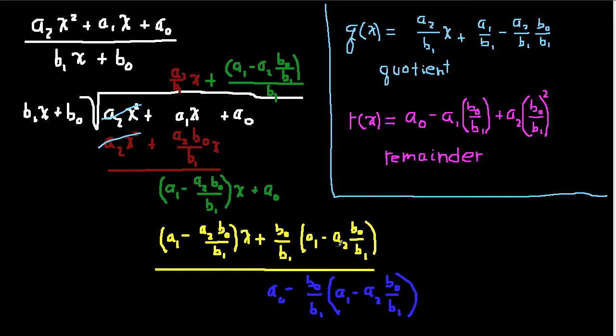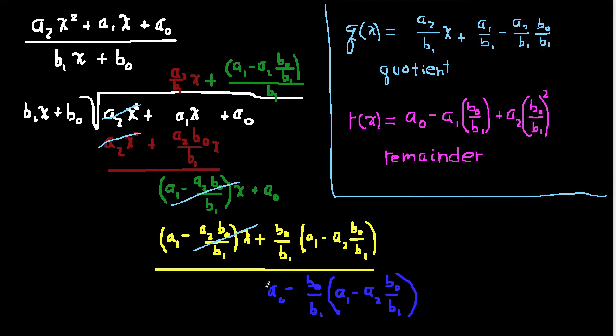Now I subtract everything in yellow from everything in green. Okay, this term cancels, and I get a0 minus this whole thing, which is b0 divided by b1 times a1 minus a2 times b0 divided by b1.